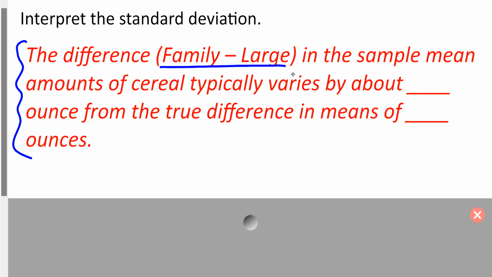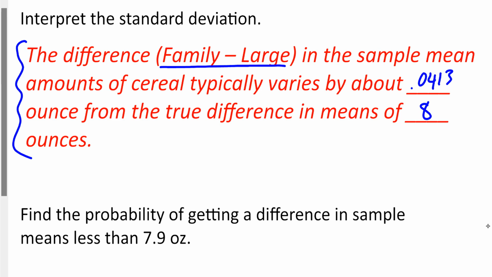So the difference in the sample mean amounts of cereal typically varies by about 0.0413 ounces from a true difference in means of 8 ounces. Okay? Very similar to ways we've interpreted in the past, just stating that we're looking at the difference now.